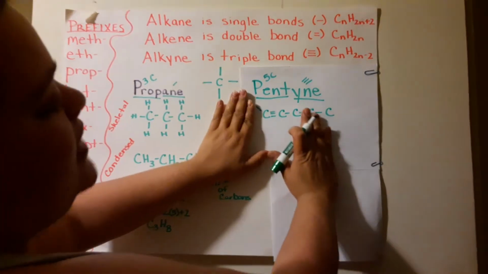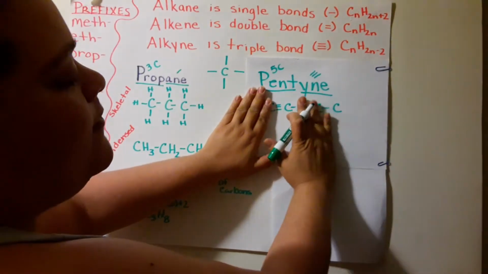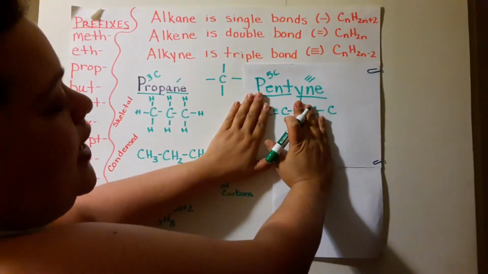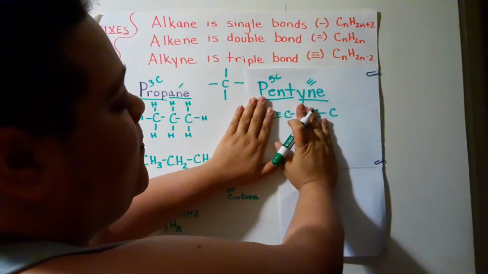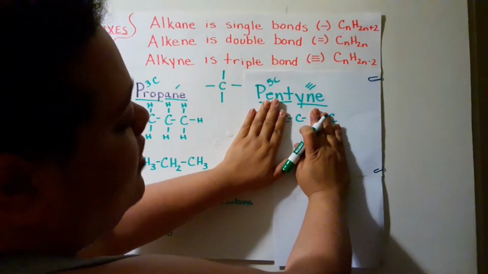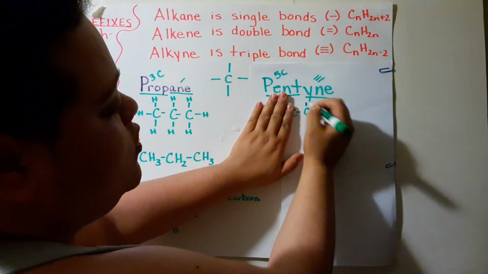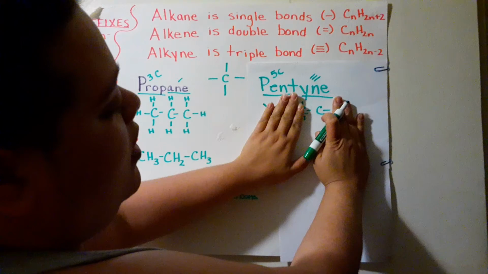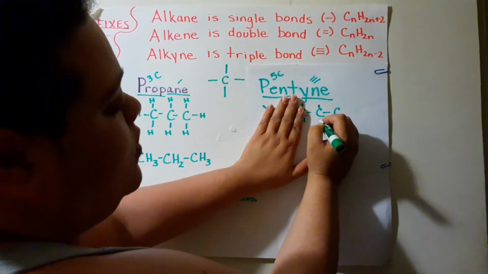Let's take a look at our second carbon. There's 1, 2, 3, and 4. So there are no extra bonds allowed on that second carbon. It is completely full. Moving to our third carbon, there's 1, 2 bonds. We can have 2 more. Our fourth carbon, same thing, 1, 2, so we can have 2 more.